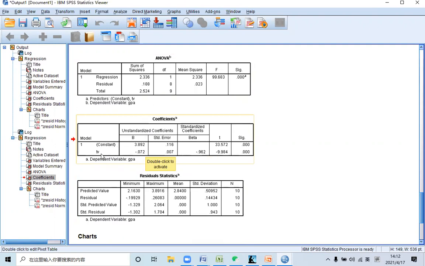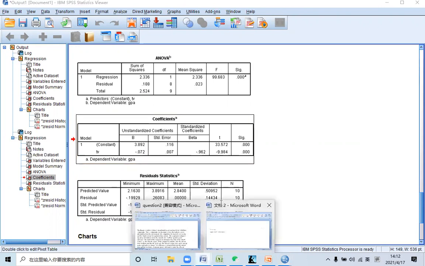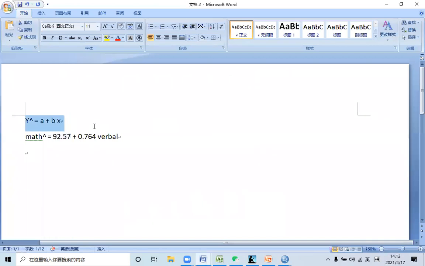Coefficients. TV will be the predictor variable. Here we're still trying to get a predicted y equals a plus b times x. Predicted y will be GPA. So we replace this with predicted GPA. So what's A?